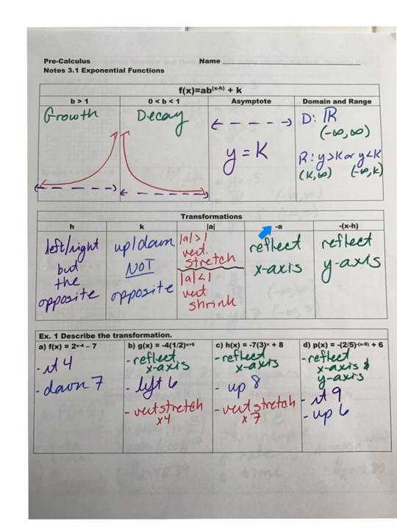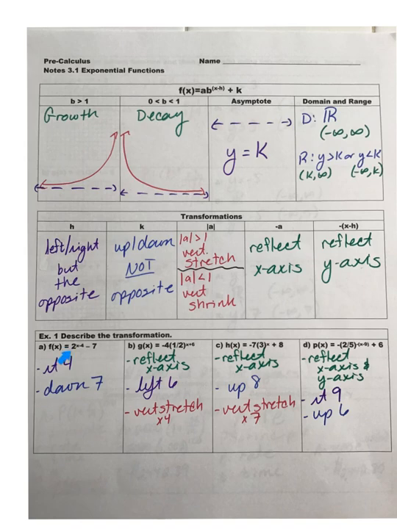If there's a negative, then it's going to reflect in the x-axis. So that's a negative attached to the coefficient. If there's a negative up in the exponent, a negative and then notice parentheses x minus h, then it's going to reflect in the y-axis.